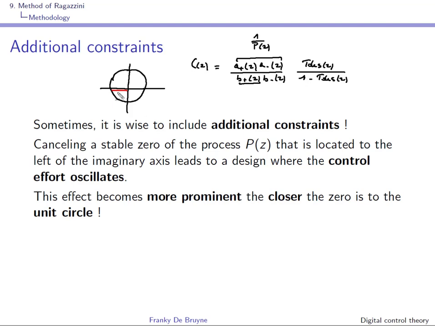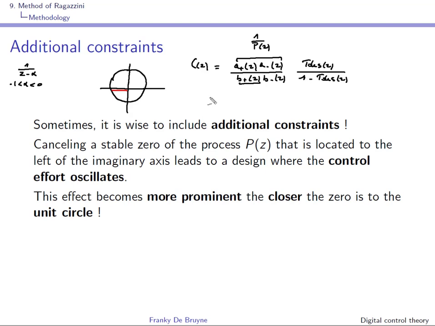Remember that if you have a zero in this region, so assume that you have a transfer function 1 over z minus alpha, and alpha is here in between 0 and -1, so in this region over here, and this z minus alpha is here a denominator in the controller.